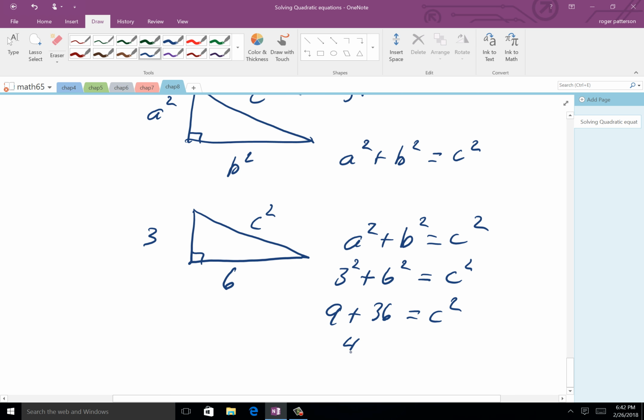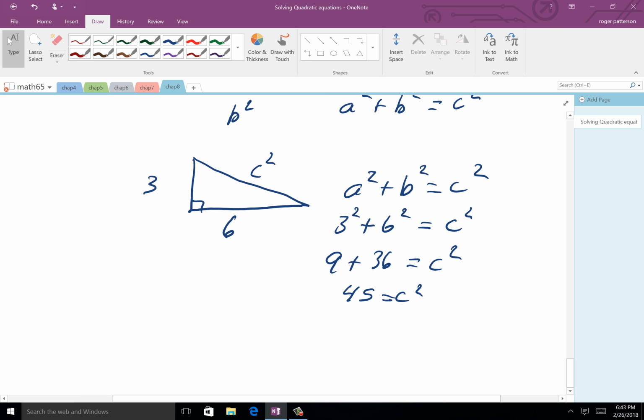We're going to add those up. See here, we just square root because it's c squared. So we're going to square root everything. And you wouldn't use plus or minus in this case because you're talking about a length, and a length obviously can't be negative. So you'd throw it out. You'd say, okay, this is just square root of 45, which I don't know what that is.